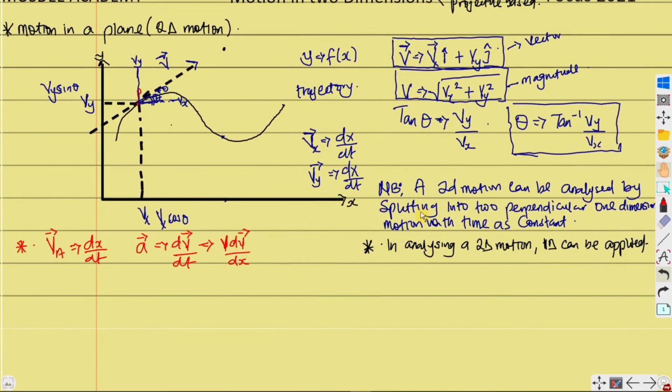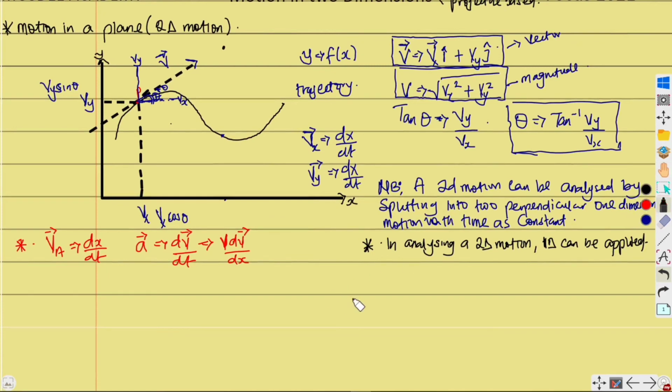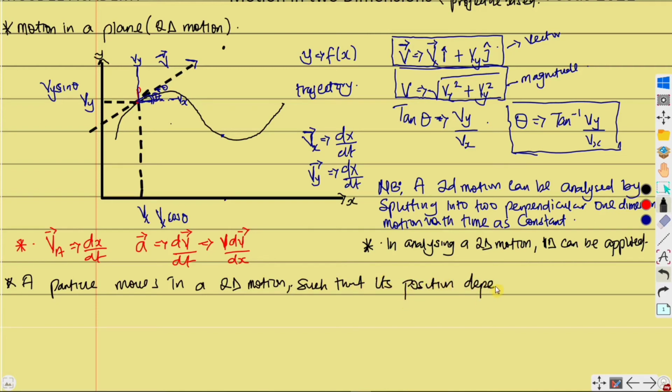Now for the example, let's take one. We have a particle that moves in a 2D motion, such that its position depends on time, as shown.